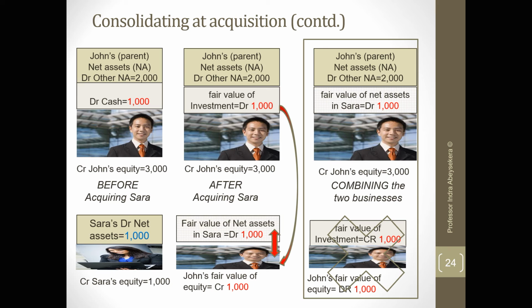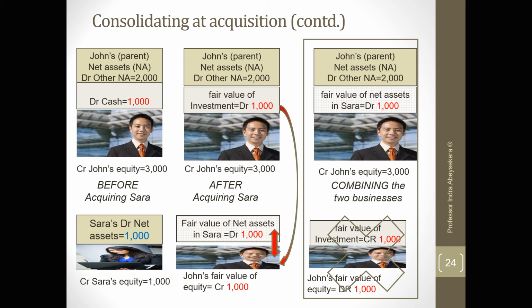So in business combination, now that they are a combined company, combined entity, the investment and equity that John bought becomes an intergroup transaction, and that must be reversed. So when we get rid of that, the $1,000 of ownership represents net assets of Sarah's company, and that emerges.